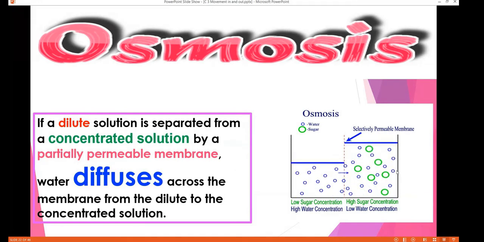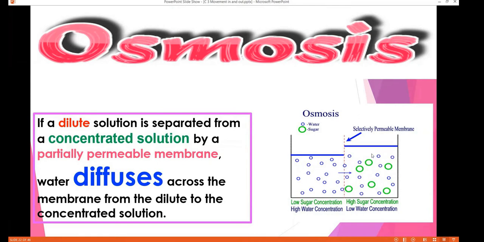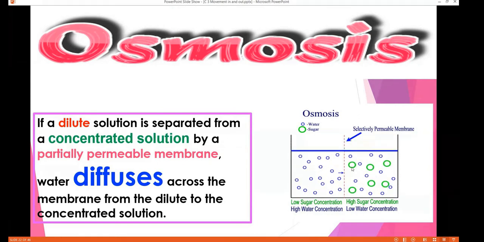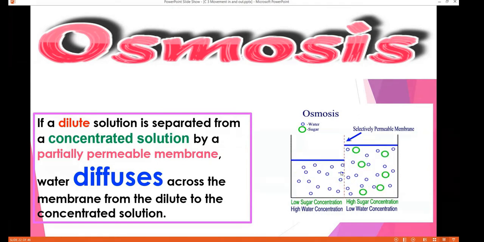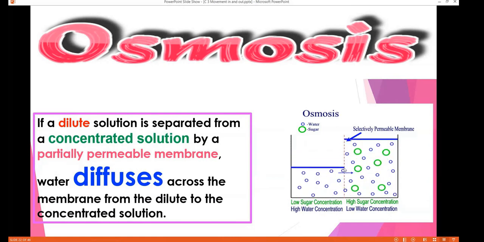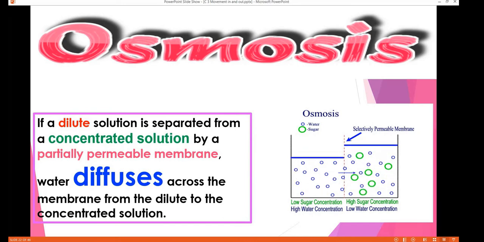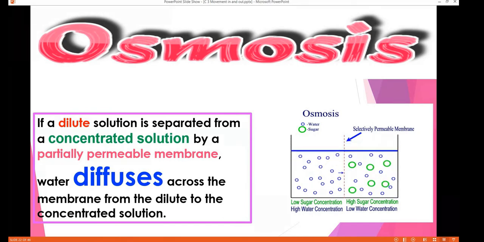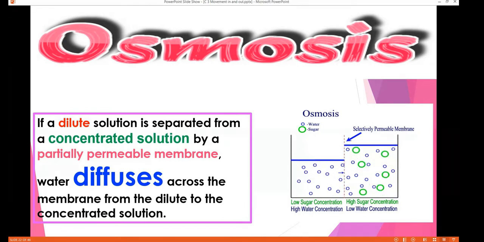The green molecules are the sugar molecules here. So as water moves from higher concentration to the lower concentration through the semi-permeable membrane, which allows only the exchange of water molecules, you can see gradually the water level goes down on the left side as it increases on the right side.